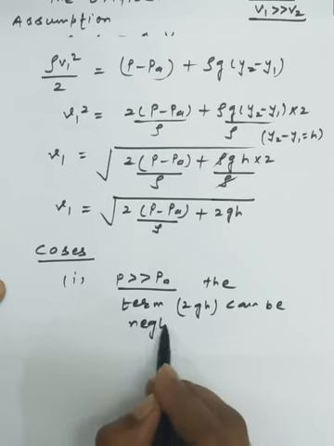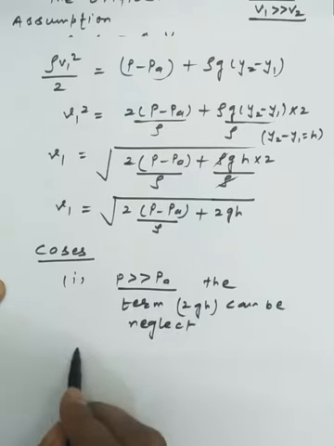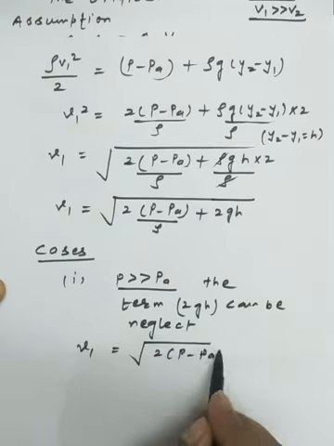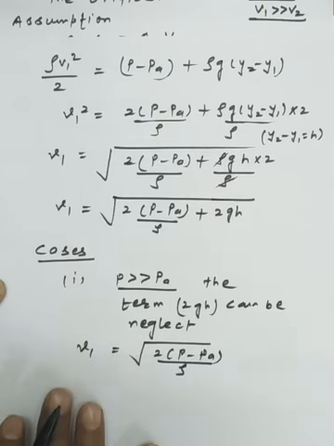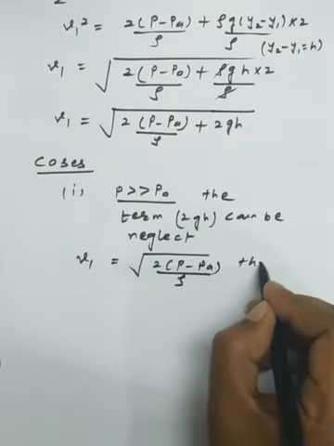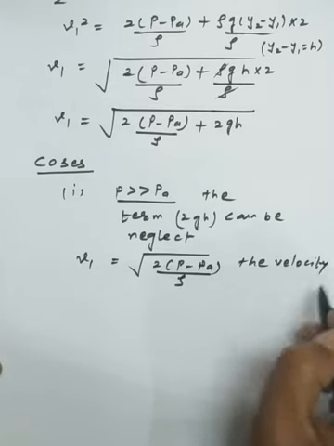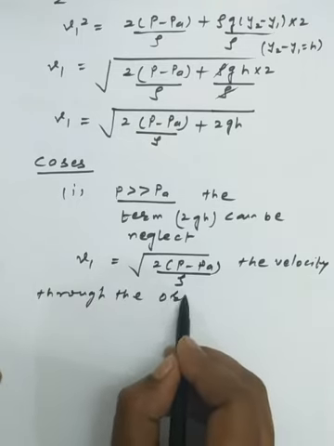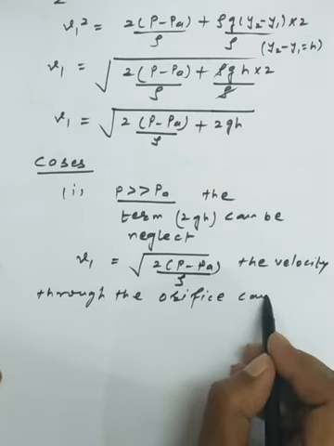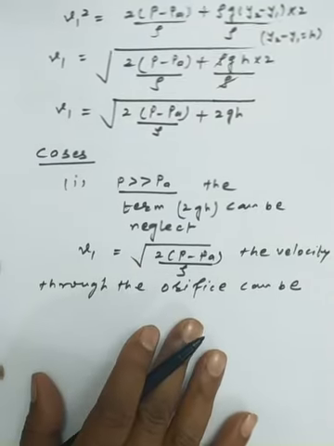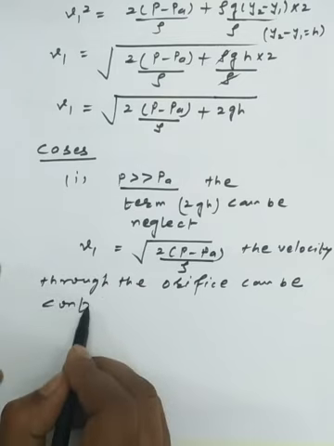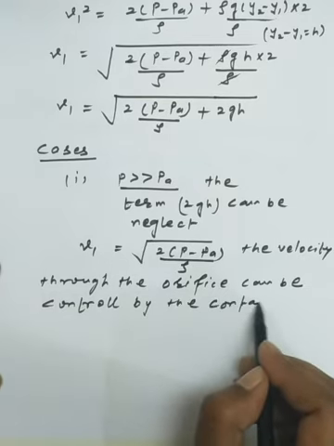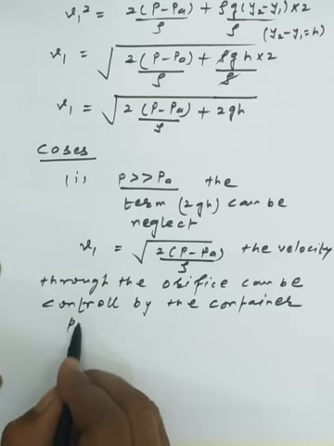So the formula becomes the square root of 2(P minus PA) divided by rho. Okay, the velocity through the orifice can be controlled by the container pressure.